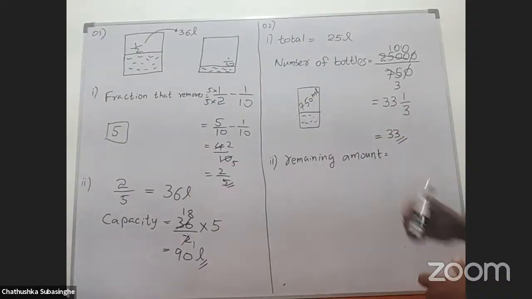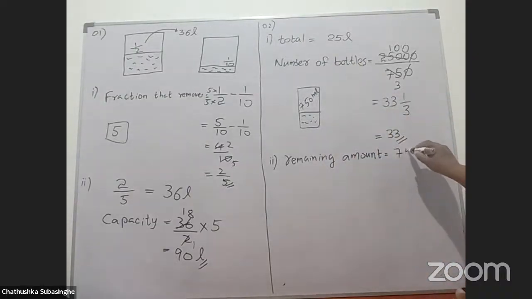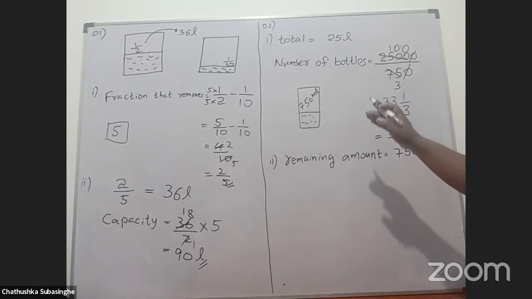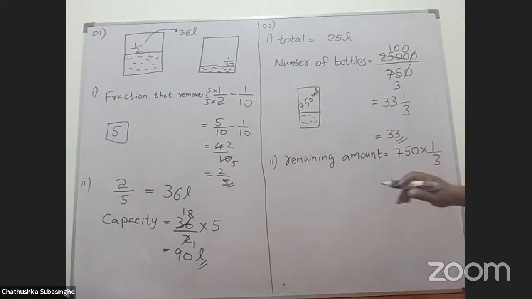So the whole thing is 750. From this 750, 1/3 has been filled. So 1/3 of 750 is the amount of oil which we have inside this bottle. 3 times 2 is 6, 3 times 5 is 15, 0. So it is 250 milliliters. So that is the answer for the second question. Right.